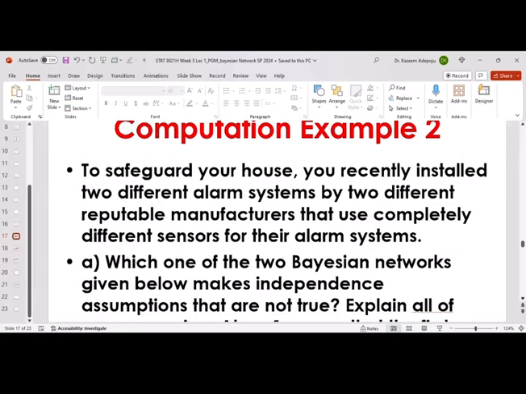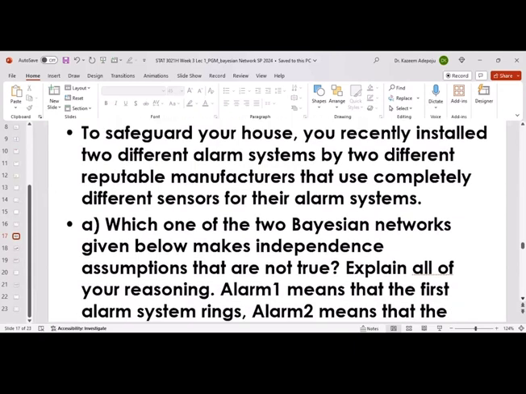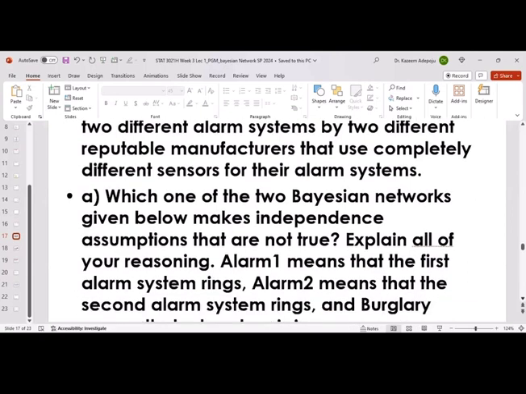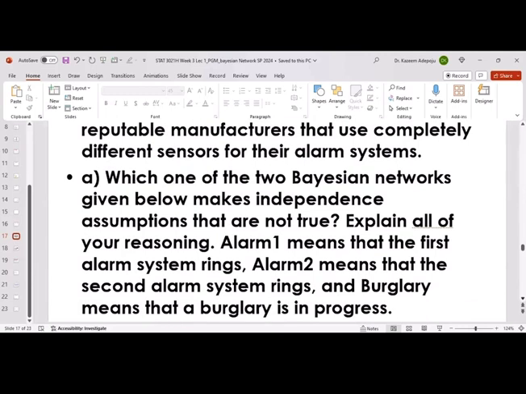You know, there are some independence assumptions that are not true. So how are we going to know? Then explain all your reasoning. Alarm one in the structure means the first alarm system rings. Alarm two means the second alarm system rings, and of course, burglary means that a burglary is in progress.